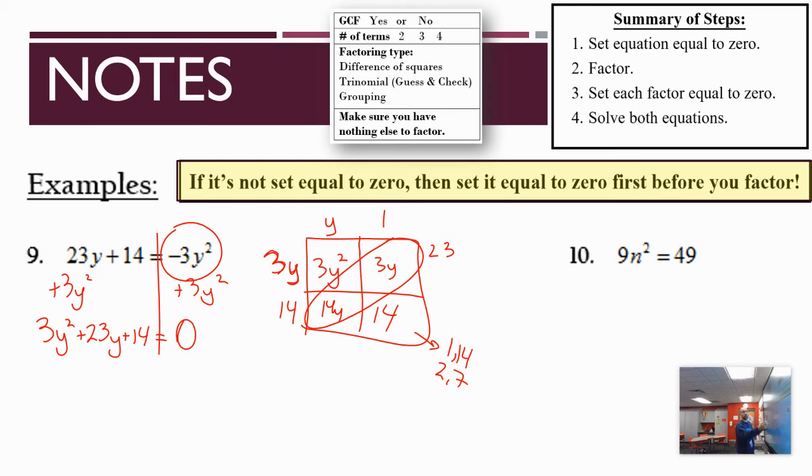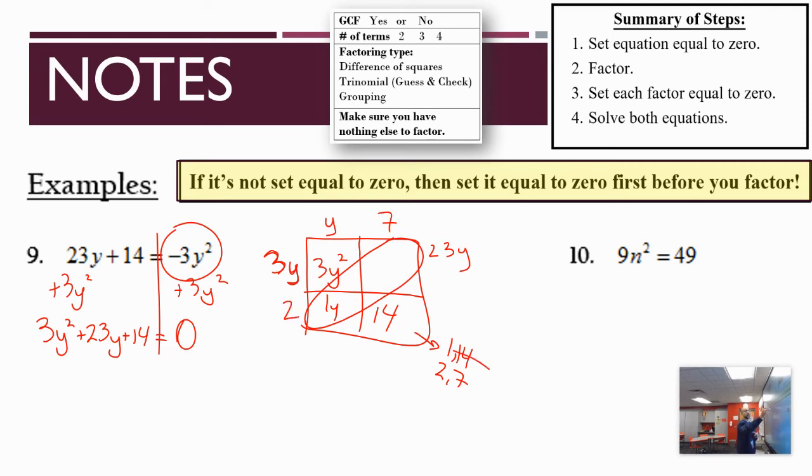That gets me 17y. If I switch those, and make the 14 up here, when I multiply 3y times 14, I'm going to get 42y and a 1y, and that doesn't give me 23 either. So it's not 1 and 14, so it's got to be 2 and 7.